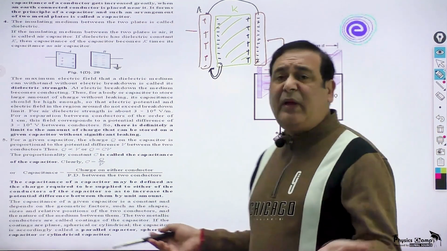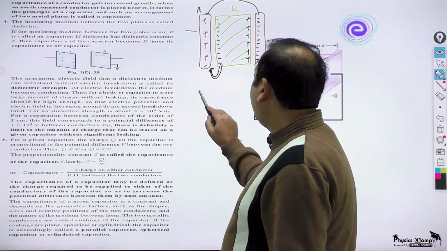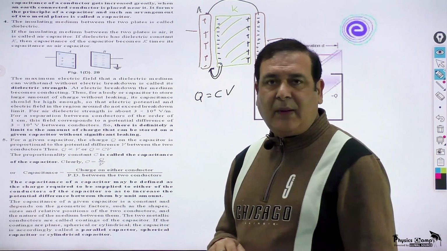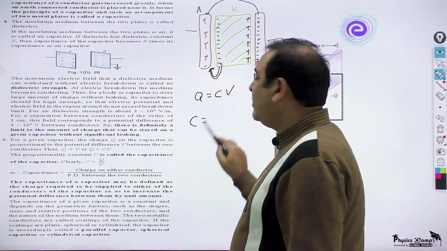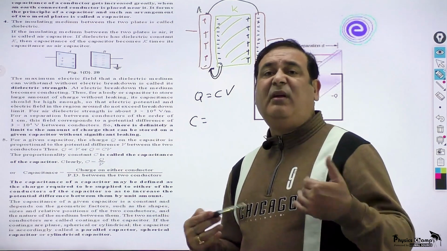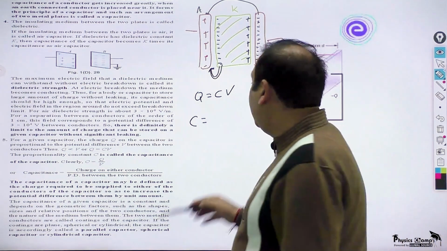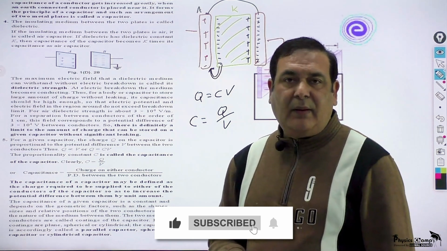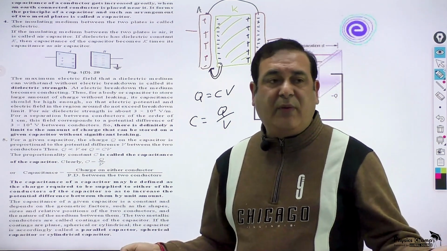When we talk about capacitance, there is a formula. We know Q is equal to CV, and capacitance of a parallel plate capacitor, cylindrical capacitor or spherical capacitor will be just Q by V. So it is that formula we have already learned.